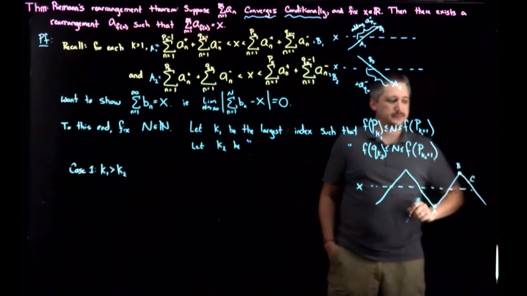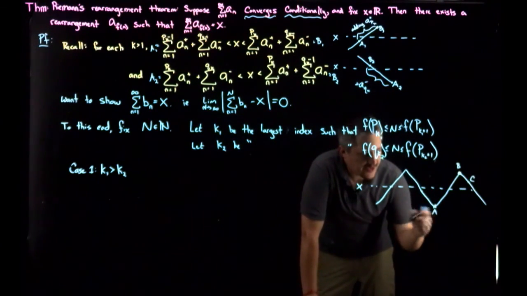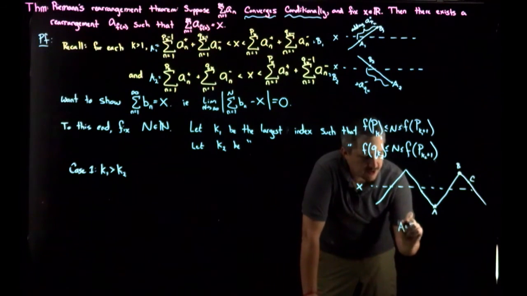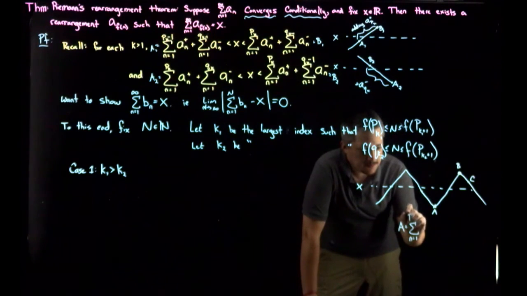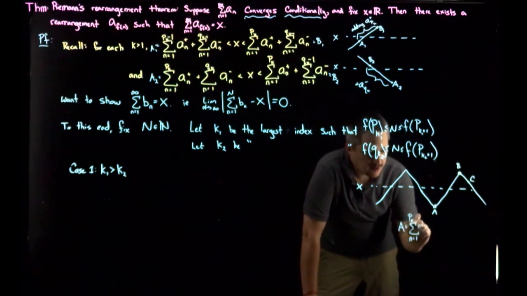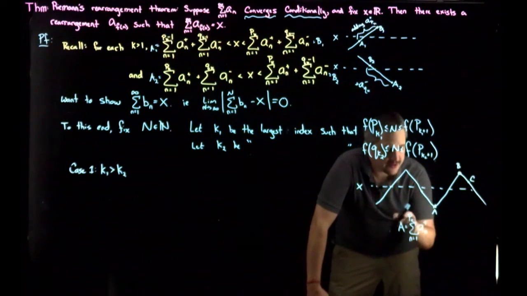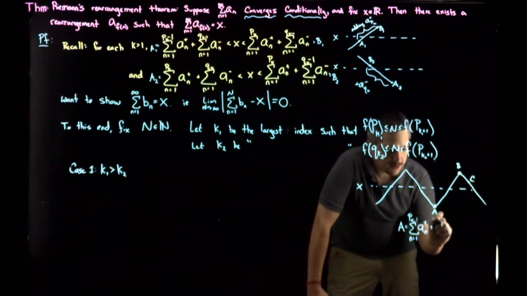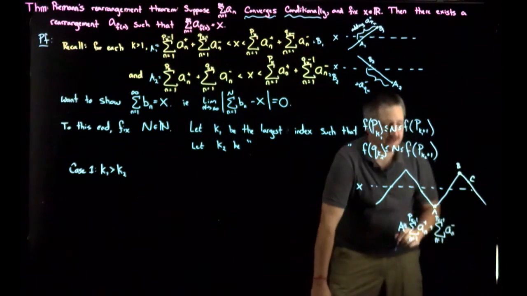and point C, then what I'm looking at in this case is that the sum, so A is actually the sum, n going from 1 to p sub k1 of a_n plus, that's actually k1 minus 1, plus the sum n equals 1 to p sub k2 minus 1 of a_n minus.